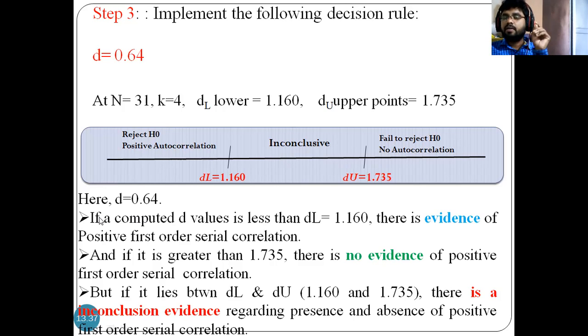As I told you, the computed D value is less than DL. Our D value is 0.64, and the table value is 1.160.